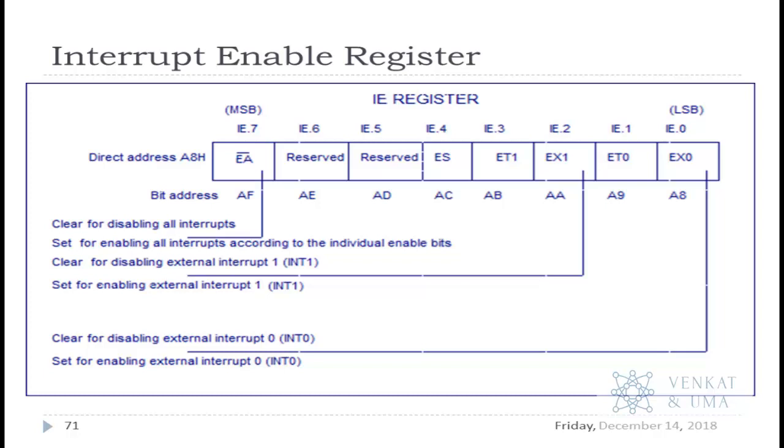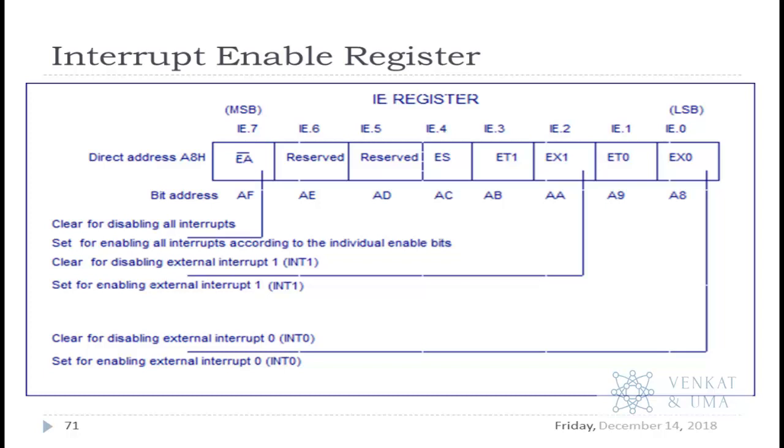Only then will writing 1 or 0 in the specific bits 0 to 4 have some effect on the interrupts. So in order to enable the external interrupt 0, INT0, alone, the number that must be written in the IE register is 1 0 0 0 0 0 0 1.